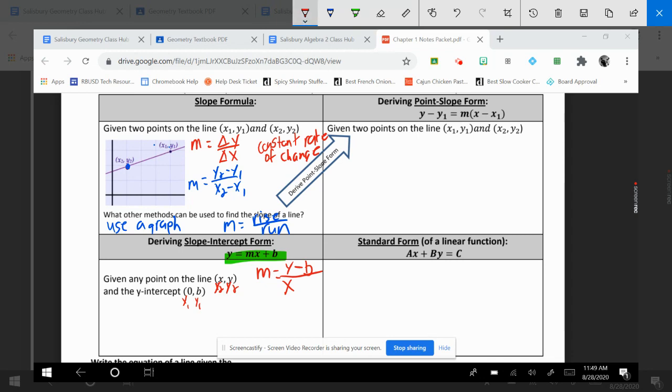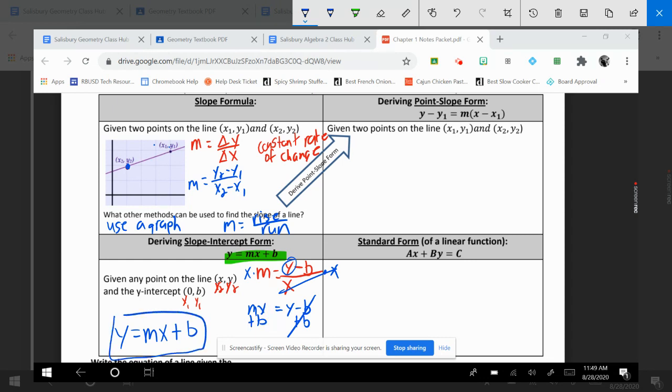Well, what happens if I just manipulate this equation a little bit? What if I want to get y by itself? Well, multiply both sides by x. So I have mx is equal to y minus b. Whoa, I add b on both sides, and all of a sudden, y is equal to mx plus b.